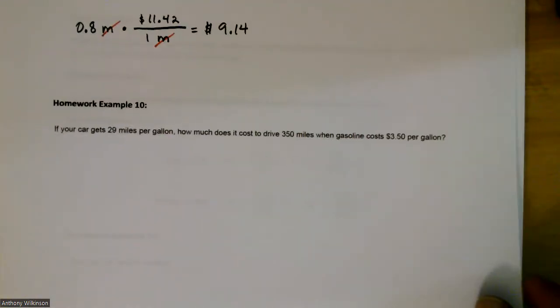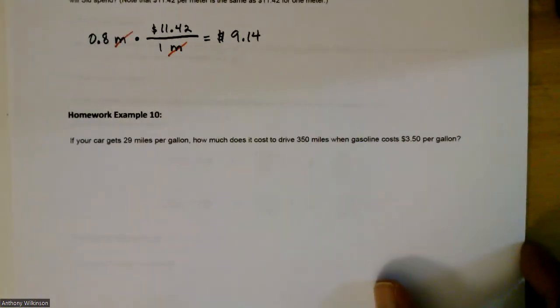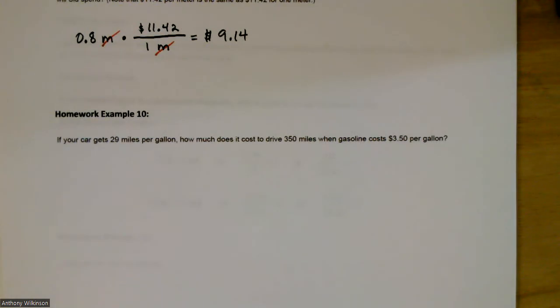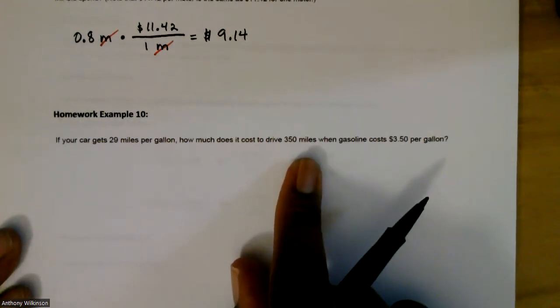All right, example number 10. If your car gets 29 miles per gallon, how much does it cost to drive 350 miles when gasoline costs $3.50 per gallon? In this case here, let's start with that 350 miles.